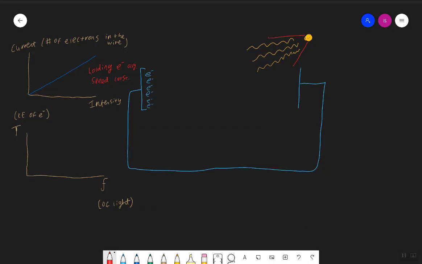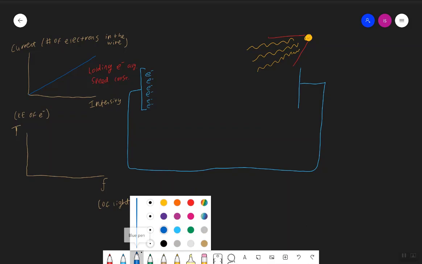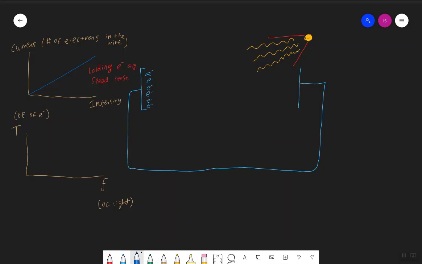Okay, so we're holding the electron average speed constant here. Okay, and now when we have this other graph, for different metals we have a different x-intercept, but we are always going to have the same slope. Okay, and I'm going to call this x-intercept f0.